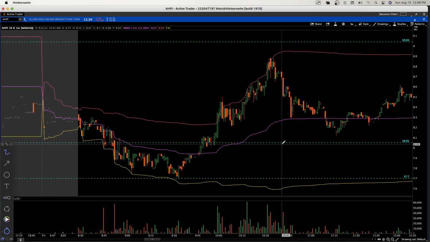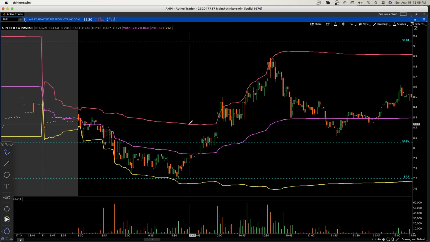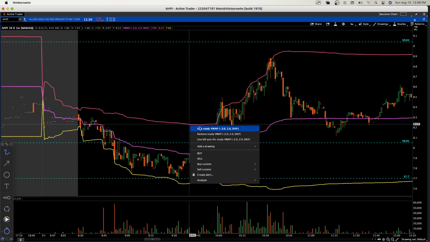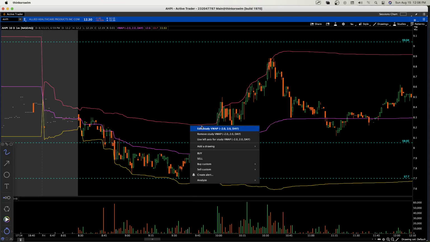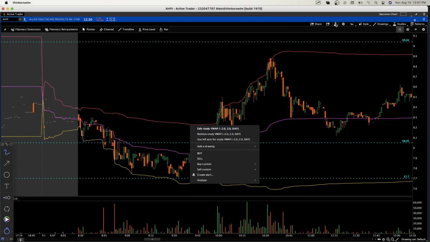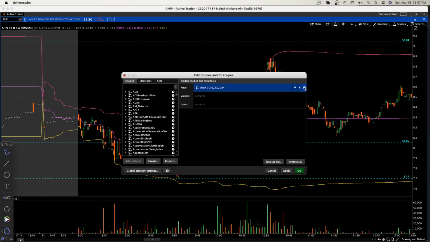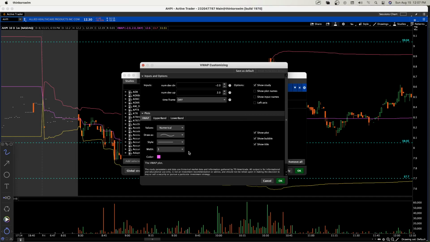Once you get VWAP on your chart, you want to get rid of those upper and lower bands. So you just want to edit your study. You can do that by going here as well. Then you click the edit button or the settings button, and then get rid of those upper and lower bands. Some people use them. I don't use them.